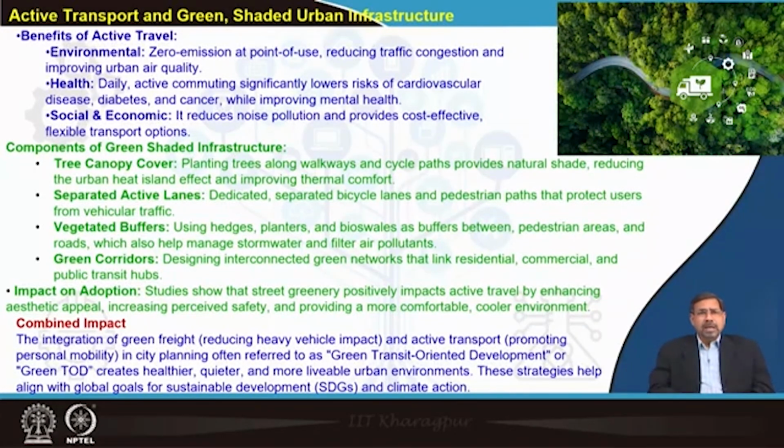Coming to the green corridors, designing interconnected green networks that link residential, commercial and public transport hubs. Impact on adoption: studies show that street greenery positively impacts active travel by enhancing aesthetic appeal, increasing perceived safety and providing a more comfortable and cooler environment.